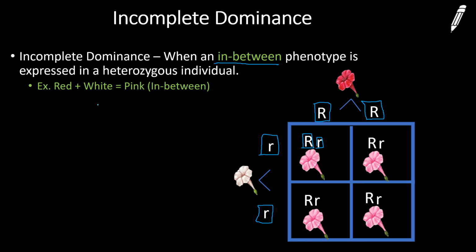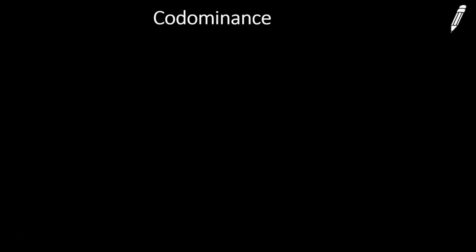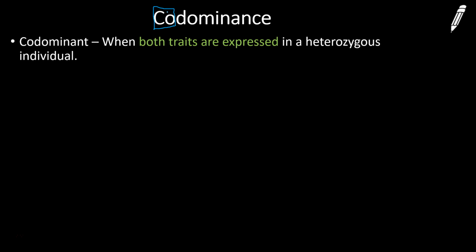Moving on to codominance. This prefix right here, co, means together. If you play video games and you play co-op mode, you are playing together with other individuals. That's what co-op mode is.